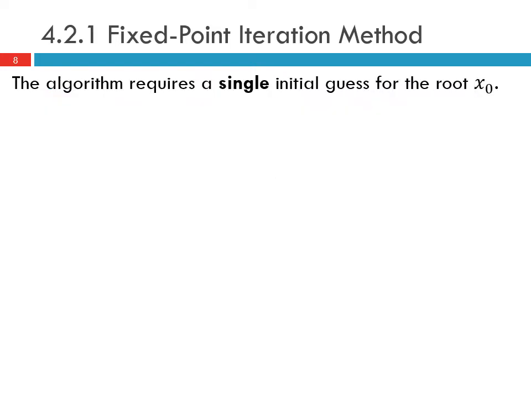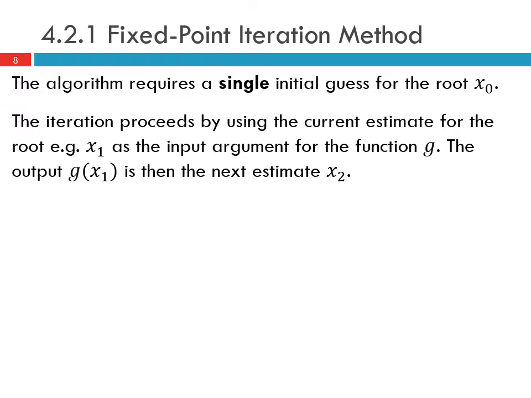So the fixed point iteration algorithm requires a single initial guess for the root, which we call x0. The iteration proceeds by using the current estimate for the root, so for example x1 in iteration 1, as the input argument for the function g, and then the output of our function, so g of x1, is then the next estimate x2.